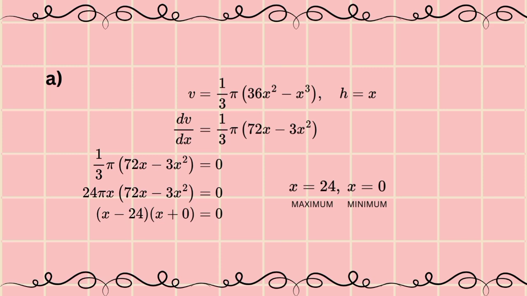We put this equation into our calculator to find the solutions. After that, we will have two numbers in brackets, and we flip them to the other side in order to find our x. So in the end, we have x equals 24 and x equals 0.